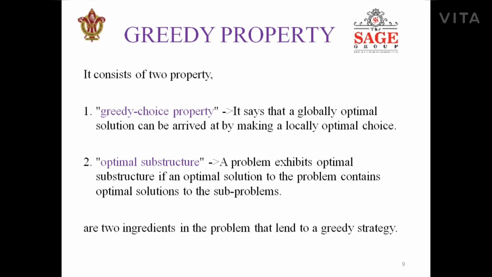So this is called a substructure. Optimal substructure means all the subproblem optimal solutions are combined and generate the optimal global solution. These are the two ingredients in the problem that lead to the greedy strategy.